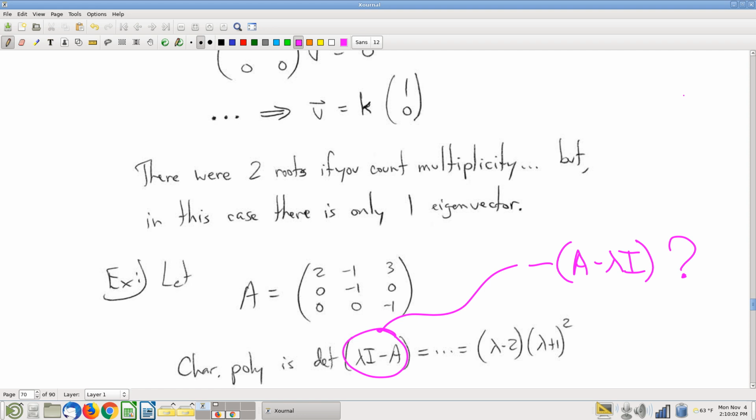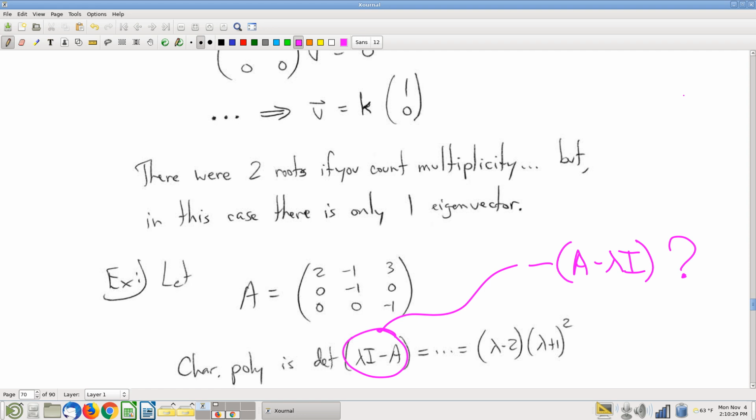So why one versus the other? Well, some people like the fact that this one over here on the right is easier to write down because you just subtract lambda on the diagonals, and that's kind of nice. Right? On the other hand, some people like the fact that lambda I minus A, written like this, when you compute its determinant, will always have a leading coefficient that's 1.